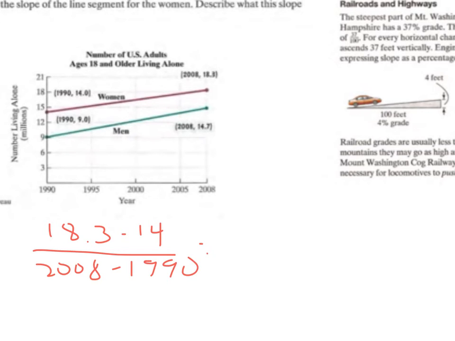When I do that, 18.3 minus 14, I get 4.3, and 2008 minus 1990, I get 18. If I divide 4.3 by 18, I get 0.24 rounded.